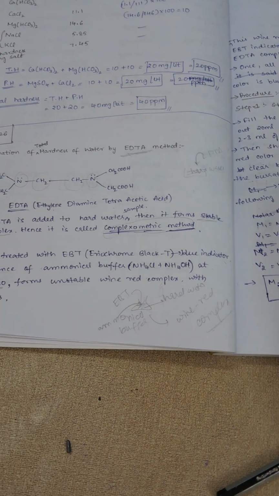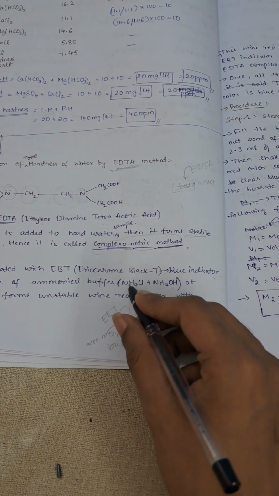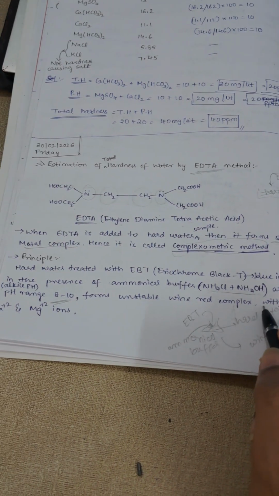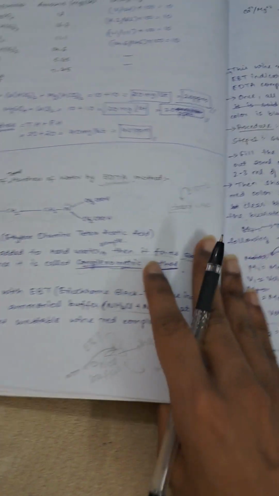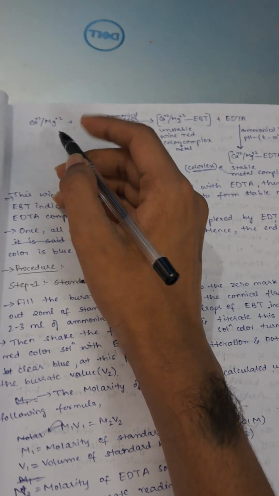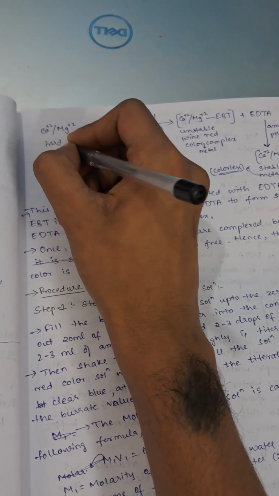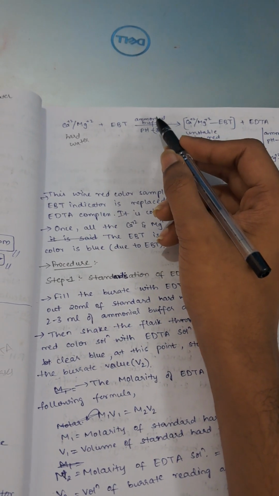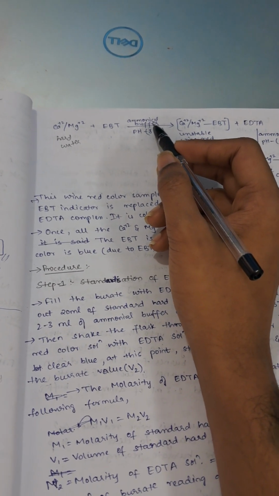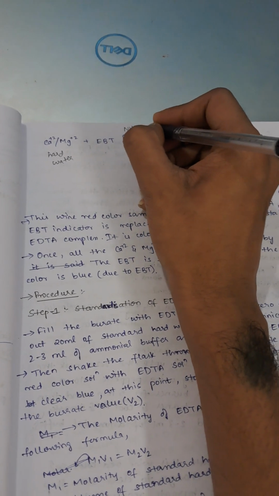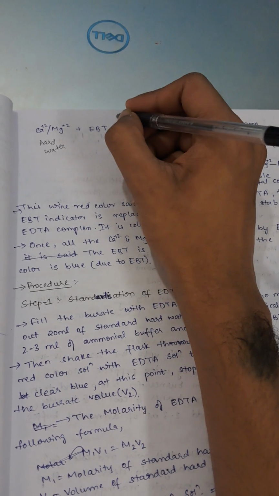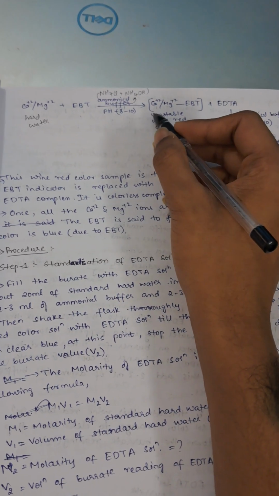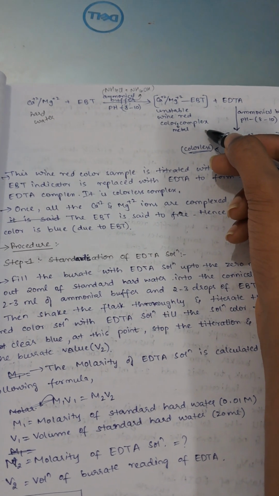So take hard water, add EBT and ammonical buffer, which is NH4Cl plus NH4OH at pH range 8 to 10, shake well, and you will get an unstable wine red complex with Ca and Mg ions. That is, calcium and magnesium with EBT form an unstable wine red complex.